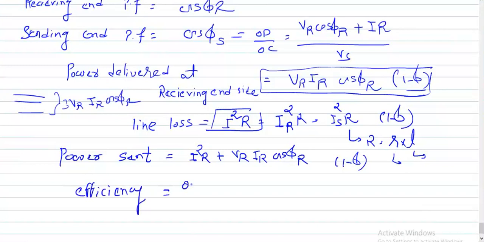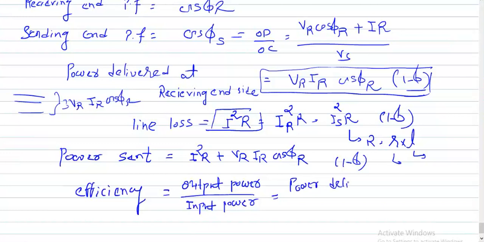And then finally the efficiency. Efficiency means output power divided by input power, or power delivered divided by power sent.